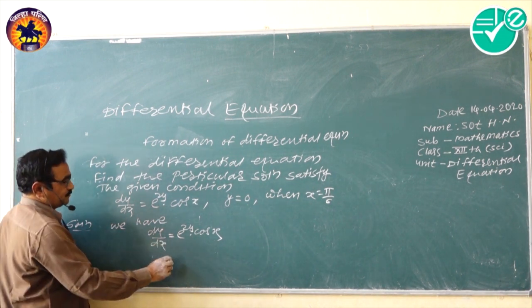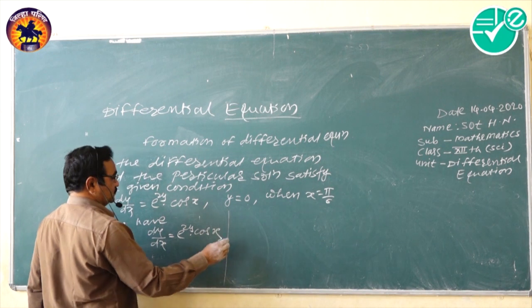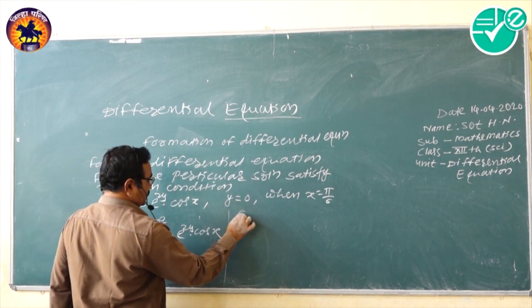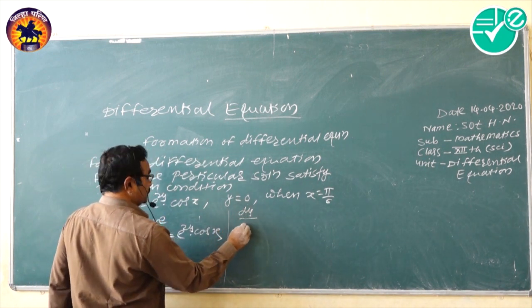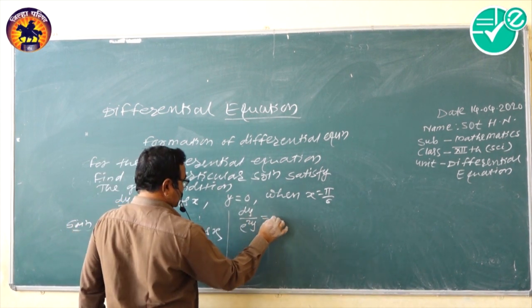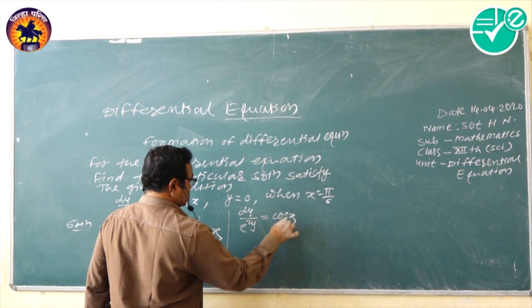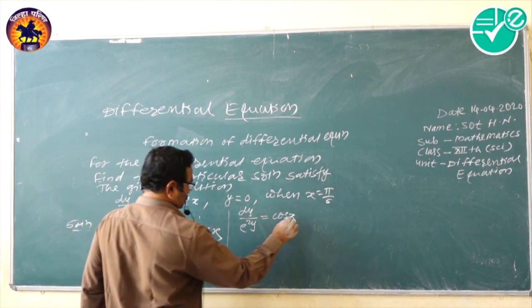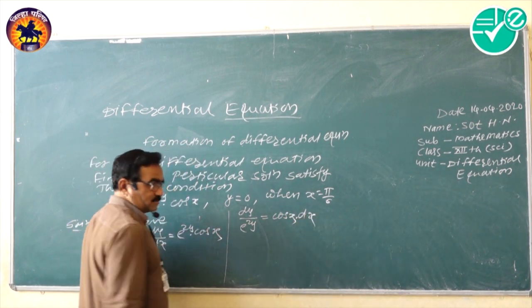In this equation, dy upon e raised to 2y is equal to cos x into dx.